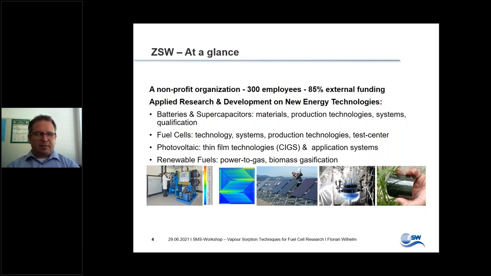Photovoltaics, here we're especially working on thin film technologies and application systems, and the field of renewable fuels, where we're working on power to gas technology and biomass gasification. So that's a real broad range of topics all related to renewable energies, and I would say all of them hot topics as of today and for our future.